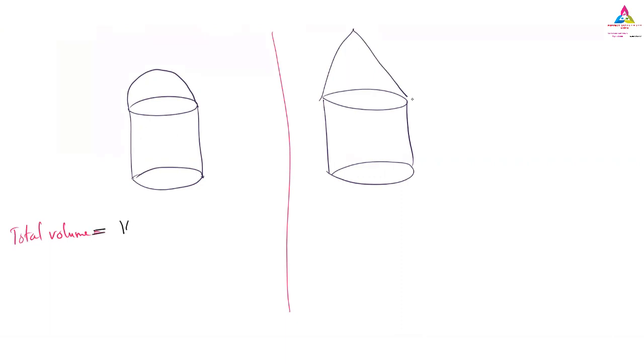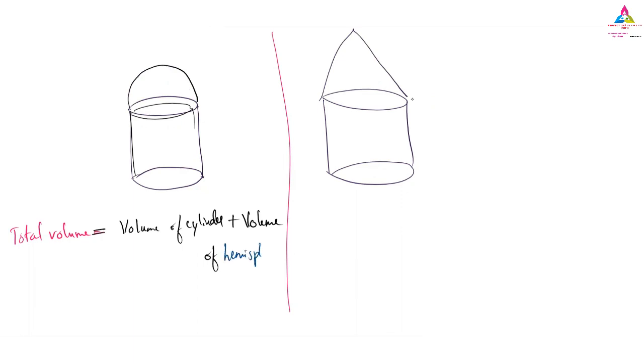Volume of cylinder plus volume of hemisphere. Yes, volume of cylinder we have to take because there is a cylinder in the bottom, and next plus, because it is a sum, the volume of the hemisphere above. So this is how we can find the total volume.